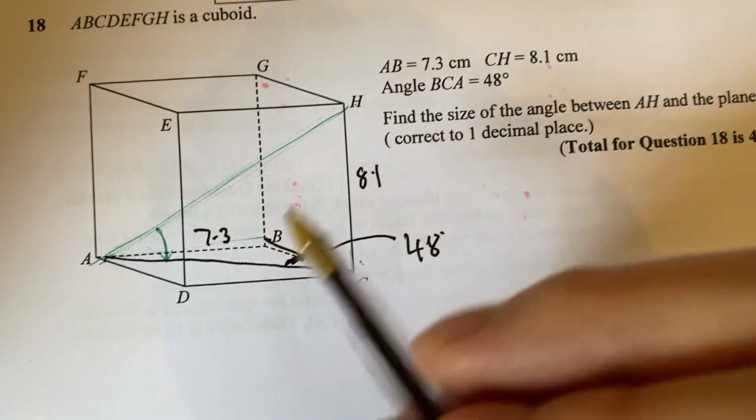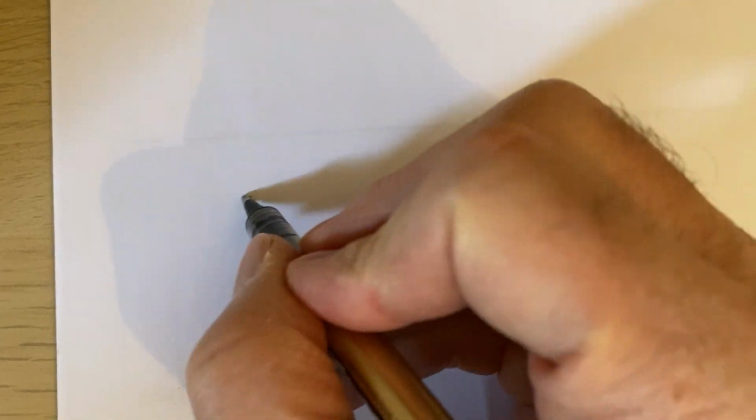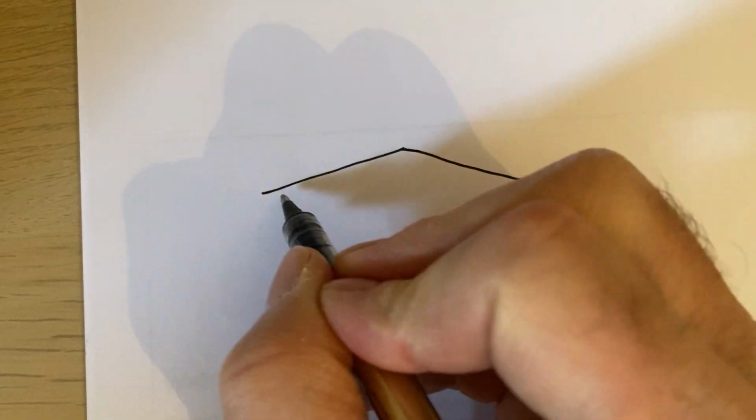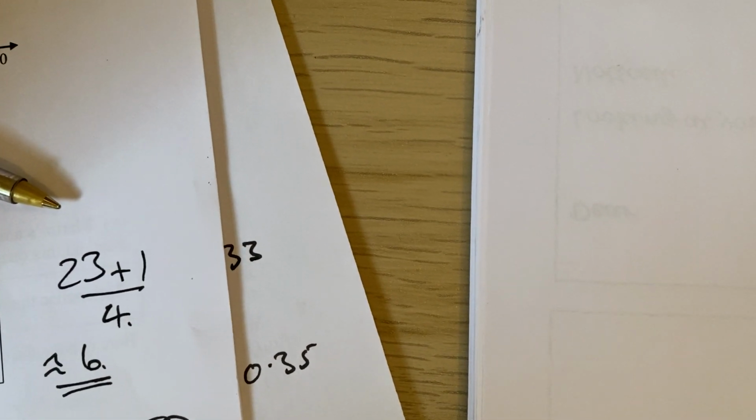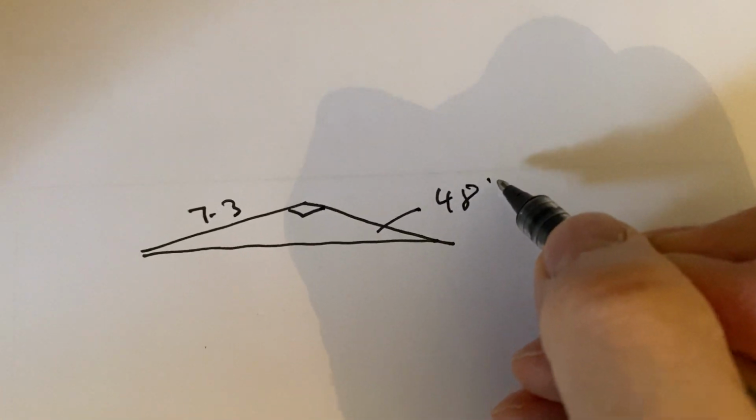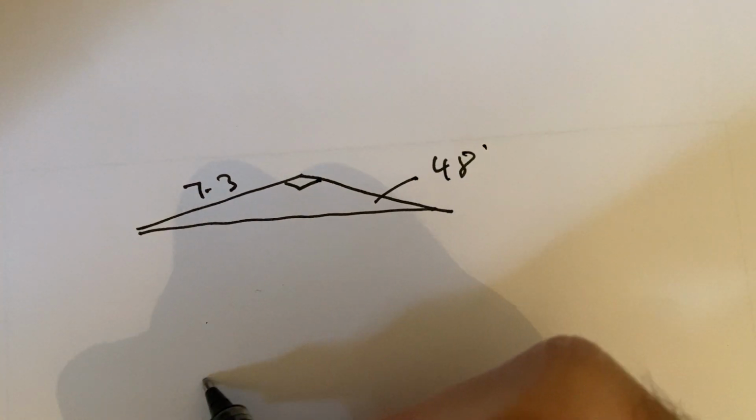Let's just look at that flat one down there at the bottom, okay? So at the bottom, how am I going to show you on this one? Let's just show you, I'm trying to draw it out as you can see it here, okay? That is our 7.3. That is 90 degrees because it's a cuboid. And that angle there is 48 degrees. Now, what I'm going to do is lift this whole thing up.